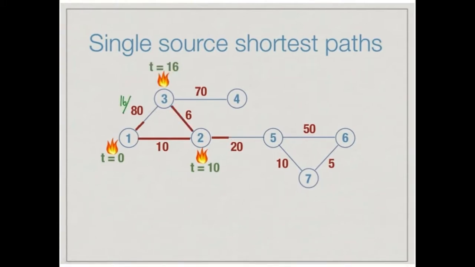After 6 more seconds, after depot number 2 caught fire, the fire will again spread in all directions. This pipeline has already caught fire. The fire will spread towards depot number 3 and depot number 5. In the next 6 seconds, the fire will reach depot number 3.